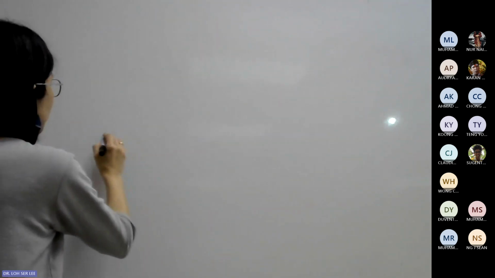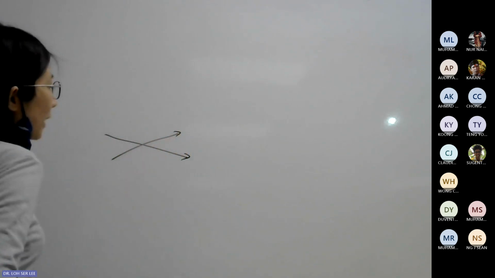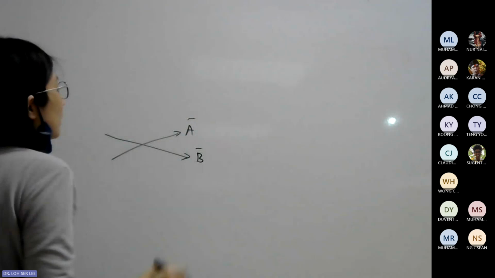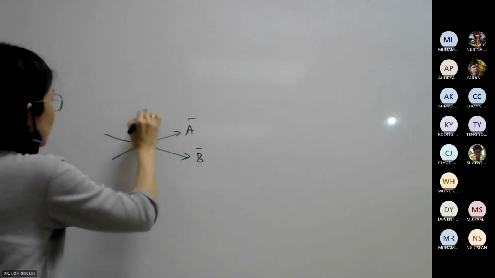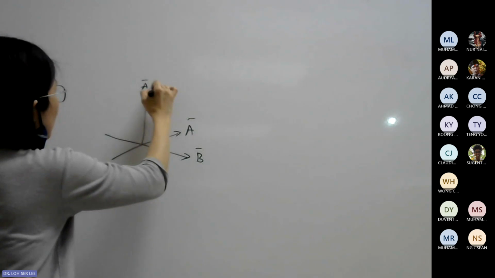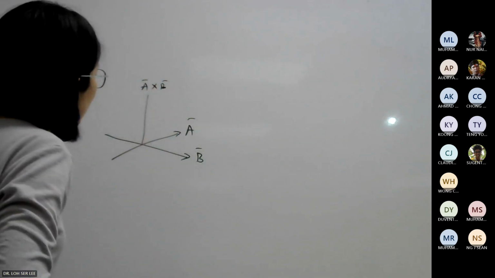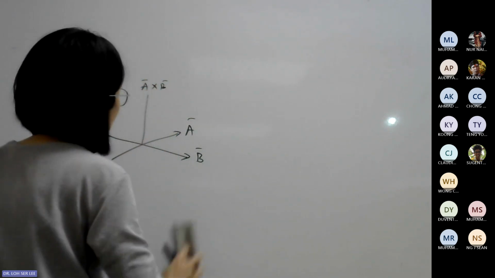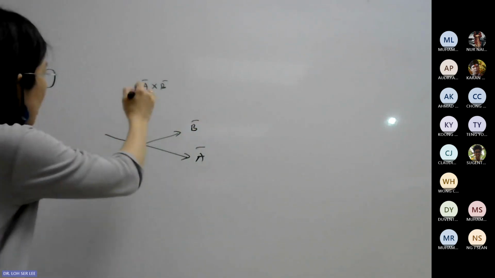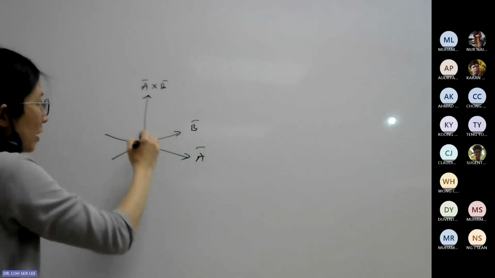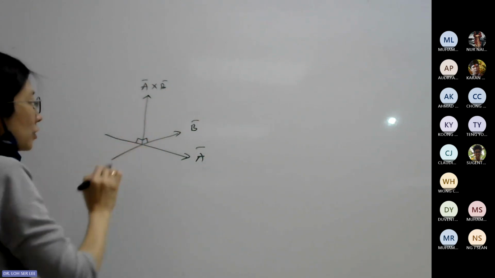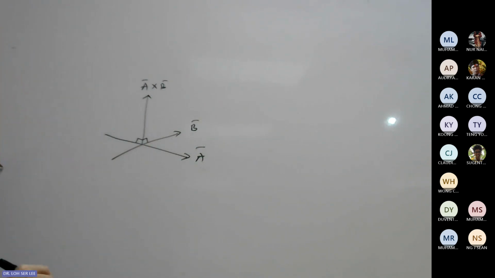When you have two vectors, vector A cross vector B, you get a vector. This is A cross B. This one should be A, this one should be B. And this A cross B is perpendicular to B and also perpendicular to A. This is what it means.